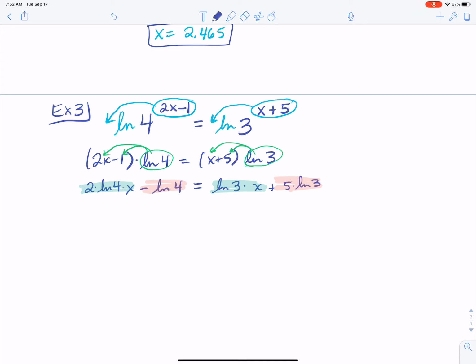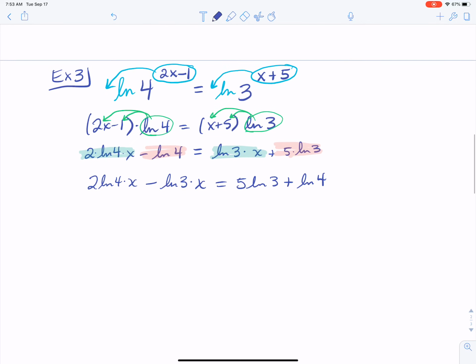I'm going to put the x's on the left. So I'm going to have 2 ln 4 times x, and then minus ln 3 times x. On the right, I'm going to add the ln 4. So we're going to have 5 ln 3 plus ln 4. Super gross.